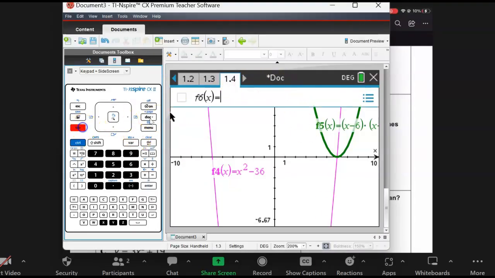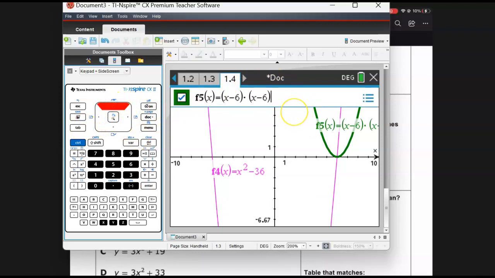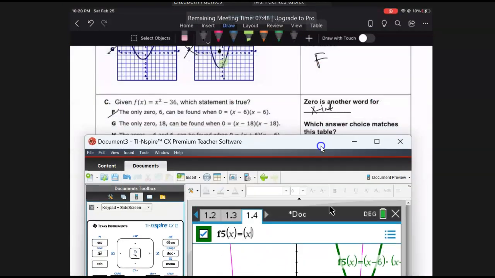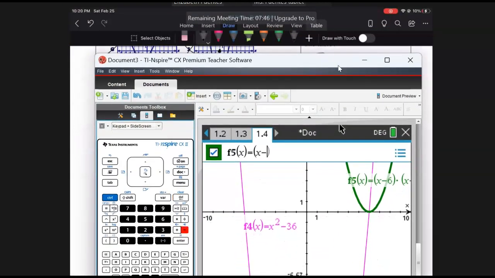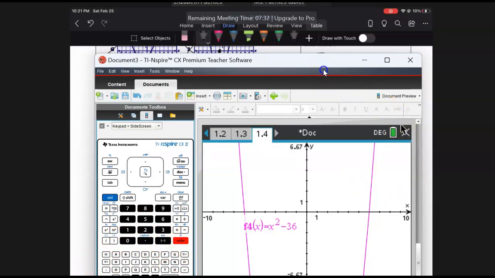So I'm going to press tab, press up, and I'm going to change this one. So it wasn't the x minus 6. It wasn't that answer choice. So let's try G. X minus 18. And then another x minus 18. And once again, make sure you're using minus, not times, or negative. Can't see it.